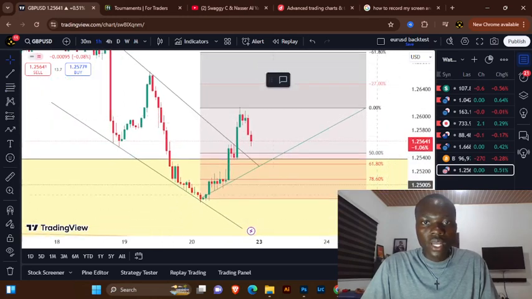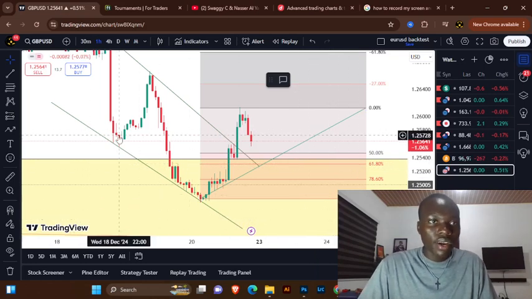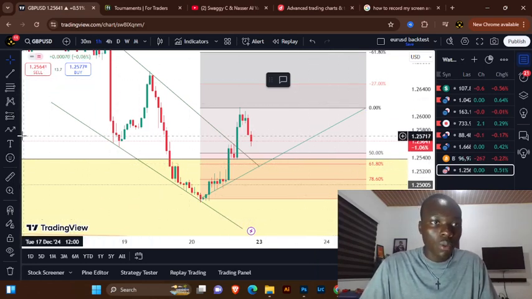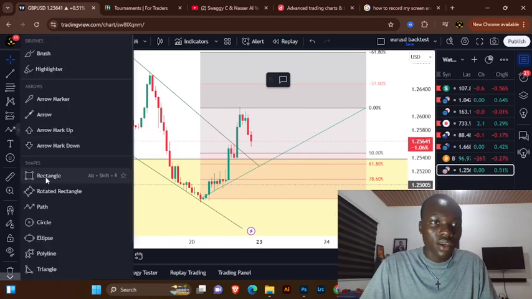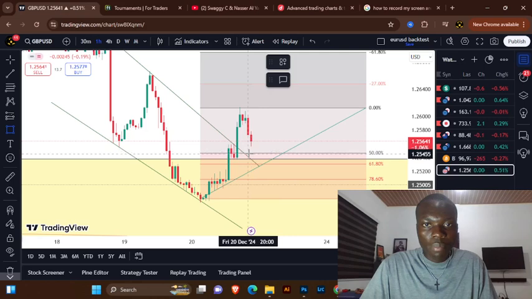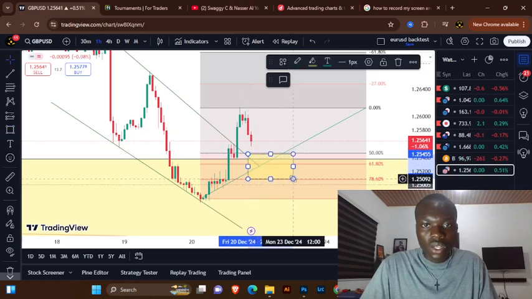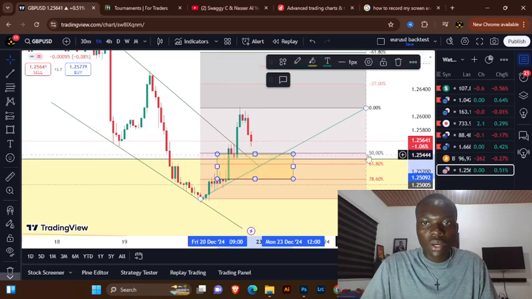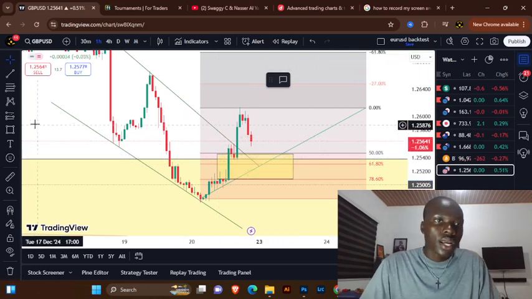On the Fibonacci, we can see it's almost close to the 50%, and almost all my reversals happen at the 50% to 78% zone. So what should I do here?